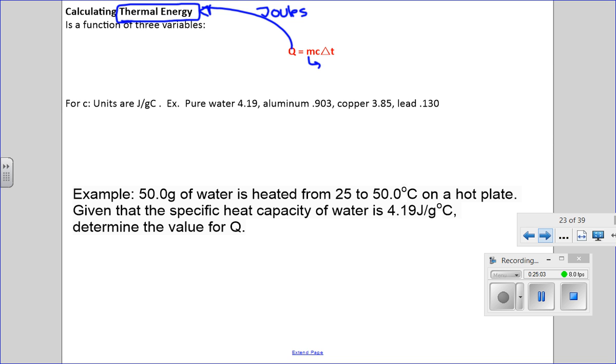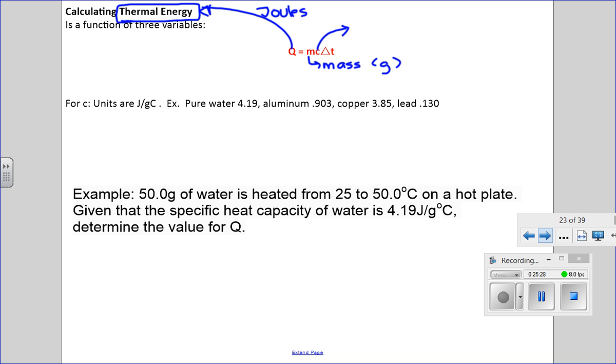Now, m in this formula is mass, and mass has to be in grams. And I want you to notice this difference. In the physics unit, mass had to be in kilograms because that's what the units were based on. In this calculation, mass needs to be in grams because of this little letter c.